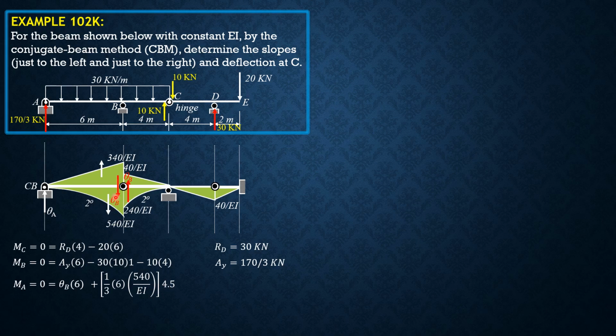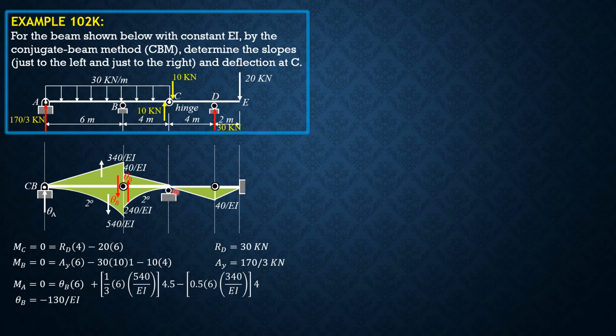Again, this distance is 6 over degree plus 2, so 6 over 4 or 1.5, so this is 4.5. Then minus 1/2 or 0.5 of 6 times 340 over EI, 2/3 of 6 is 4, so the moment arm is 4. So solving, theta B is equal to negative 130 over EI.